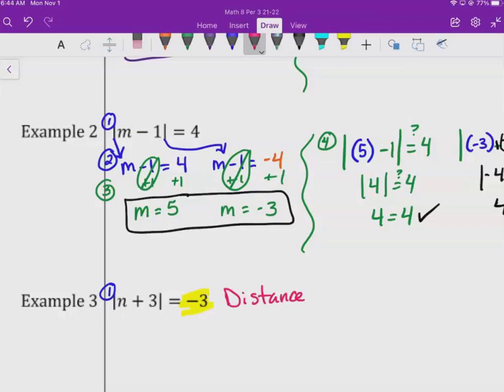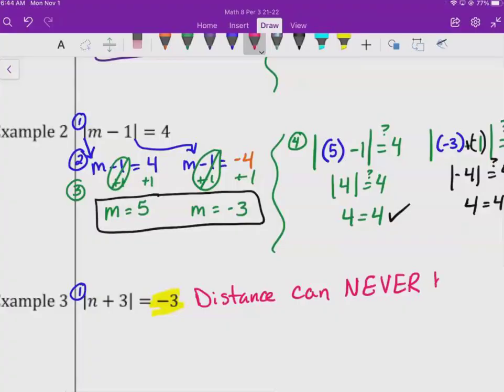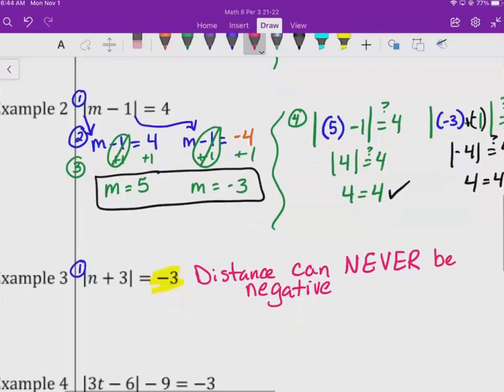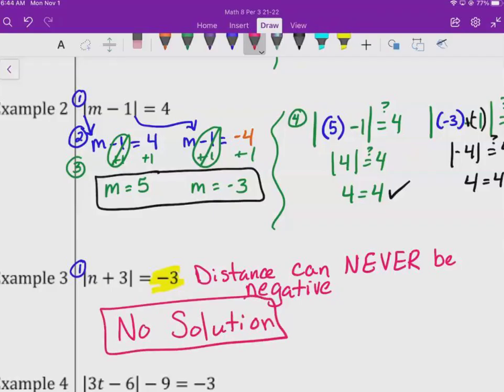Distance can never be negative. So your answer on this problem is no solution. Easy peasy.